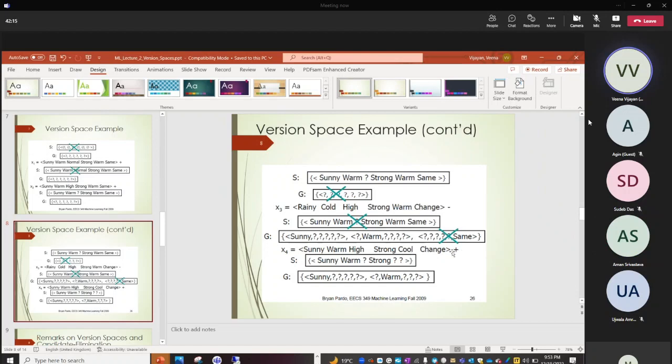Now we are telling cool is also positive. So we are replacing with question mark. And till now same was positive. Now change is also a positive one. We are replacing it with question mark. So this will be our final work. We have three options, right? These three will come as the version space.